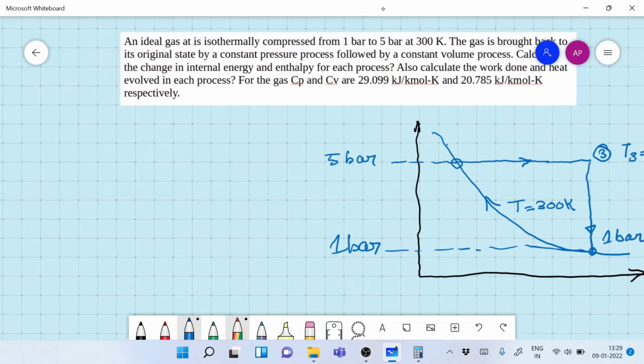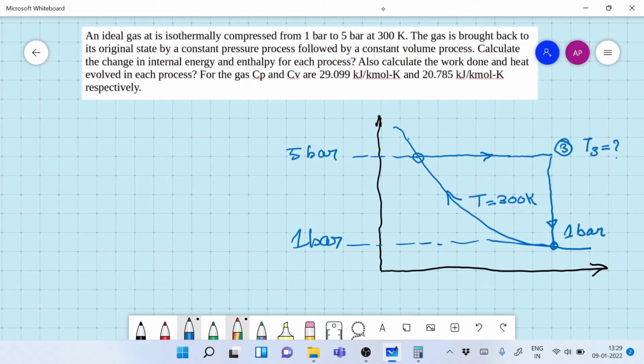So let's get ahead. So first we have 1 bar and 300 Kelvin. So we know the initial pressure and temperature. The final pressure and temperature is 5 bar and 300 Kelvin.